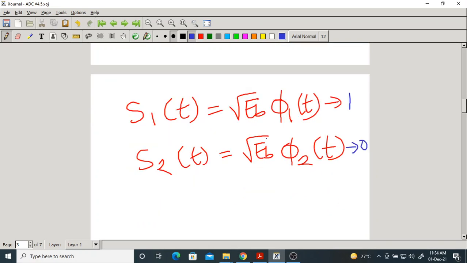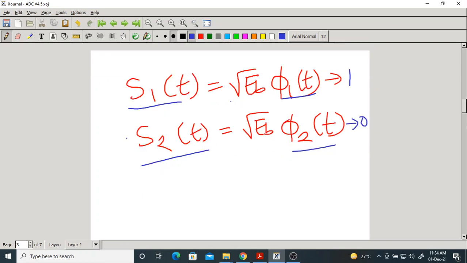If these two basis functions are orthogonal, obviously these two are also orthogonal, because what is there? Just root EB. So the inner product of S1 of t and S2 of t is also equal to 0.